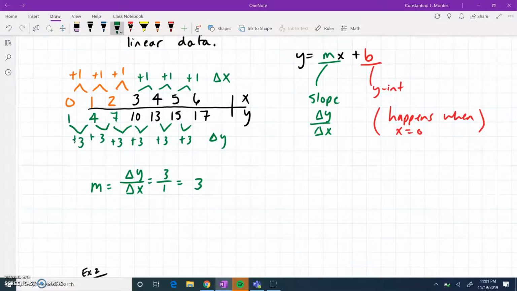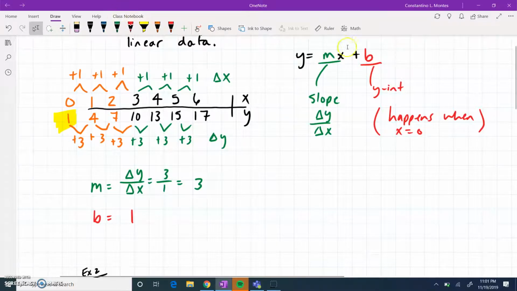And I told you guys I was going to make that different, didn't I? Let's change this to orange, including that one right there. This right here is my y-intercept. So I don't have to do any work. I've already done it up here. I'm just going to write b equals 1.